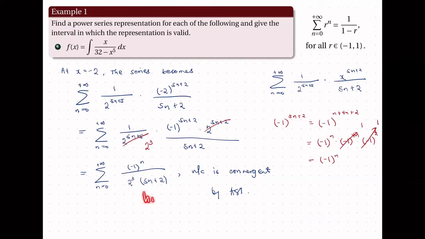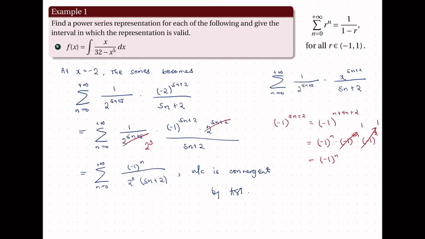Moreover, the limit as n goes to positive infinity of 1 over 2 cubed times 5n plus 2 is equal to 0. Okay? So dahil convergent yung ating resulting series when we substitute x is equal to -2, ibig sabihin, yung -2 ay included doon sa interval of convergence of this power series. Okay?